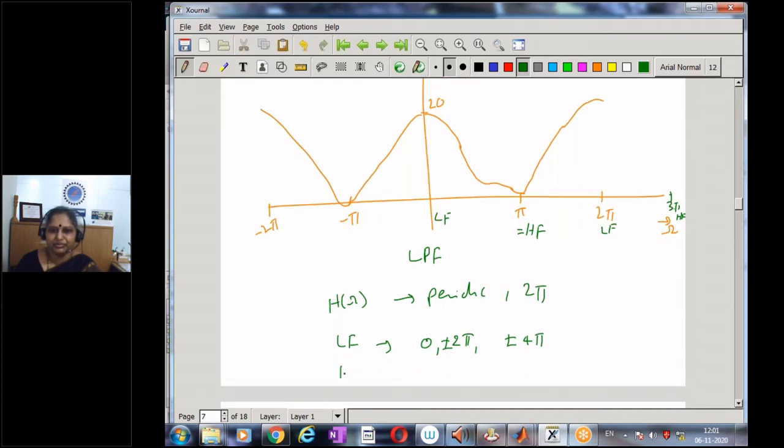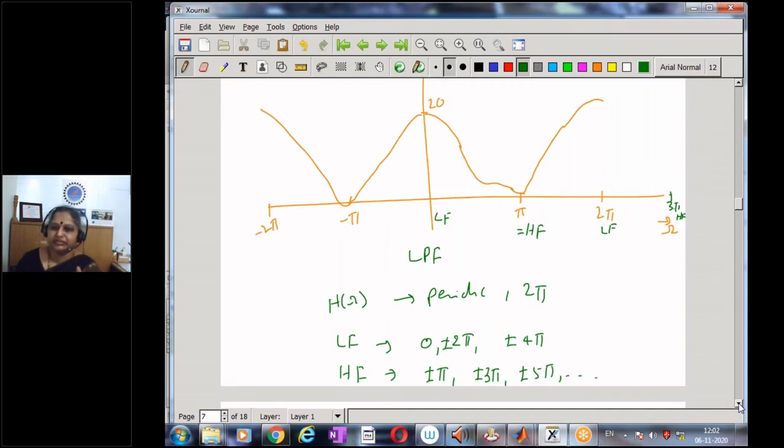Whereas because of this periodicity, the entire spectrum of minus infinity to plus infinity is compressed in the interval minus pi to plus pi, and hence we have the high frequency components around odd multiples of pi. So plus or minus pi, plus or minus 3 pi, plus or minus 5 pi, and so on.